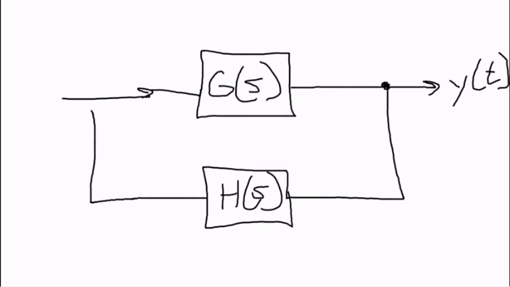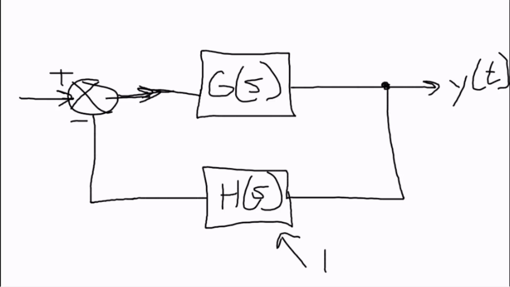And then we're going to come up here, and this would really be a summing junction right here. You could have a plus or a minus or two addition signs, it just depends on the system. And this, by the way, is supposed to be an arrow, just going that way into the open loop transfer function. And when we talk about a unity feedback system, that's when this H of S just equals 1, right? That's a unity feedback system.